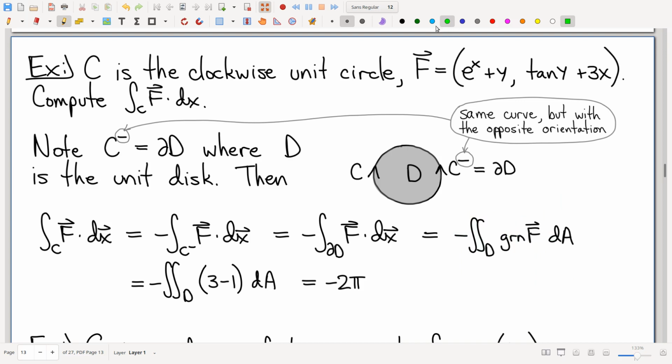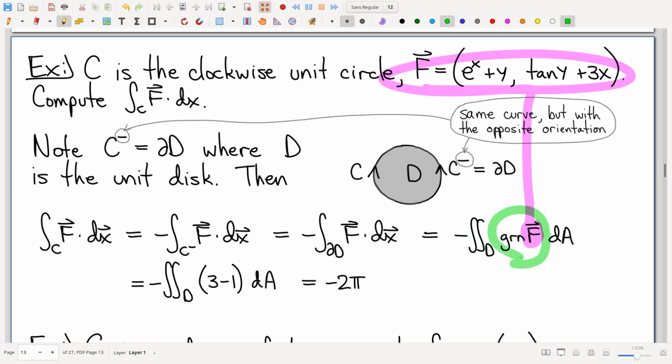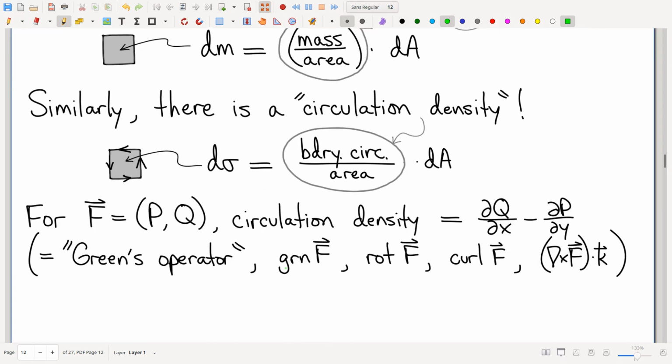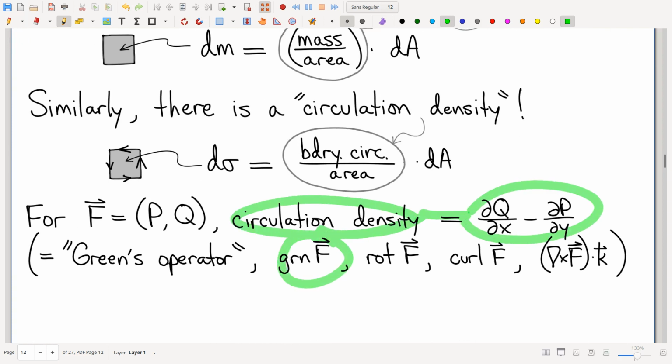Well, let's see by taking our vector field F. Let's compute Green's operator. Now we have a formula for Green's operator right back here on the previous page. Here it is. Green's operator, aka circulation density, is this right here. It's the x partial of the second coordinate minus the y partial of the first coordinate.